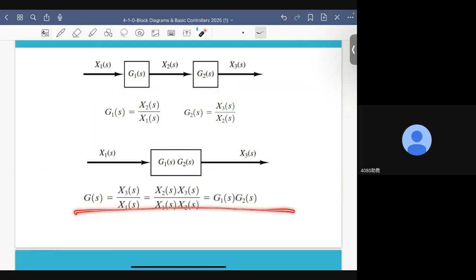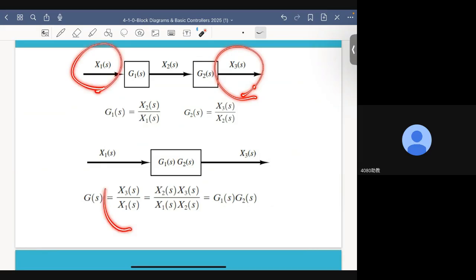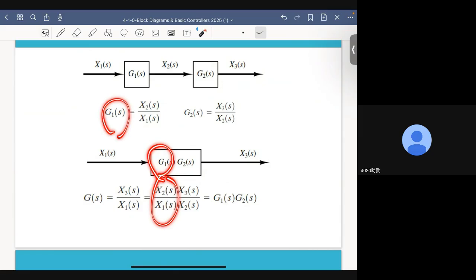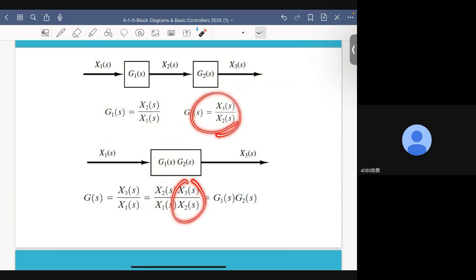Through multiplication. Because the connection between X1 and X3, that is the ratio of X3 to X1, is actually this. And how do you get this? You multiply G1 with G2, and this is what you will get. This part is G1, this part is G2.